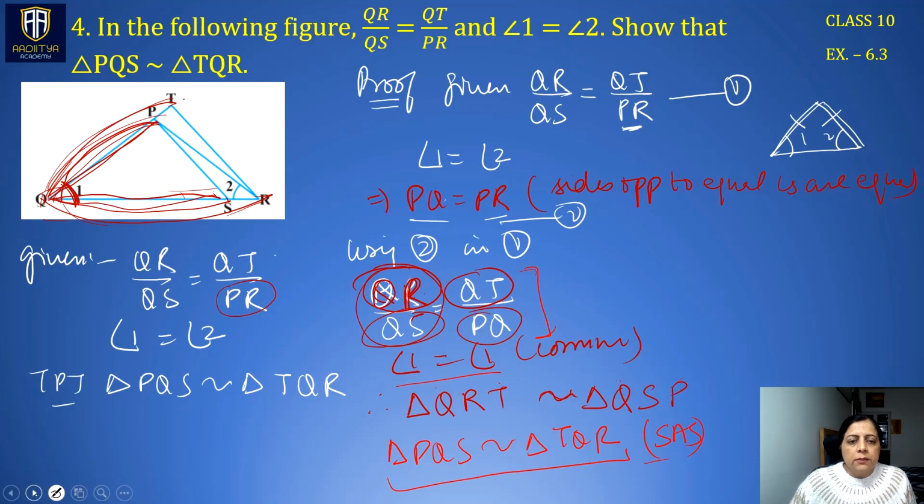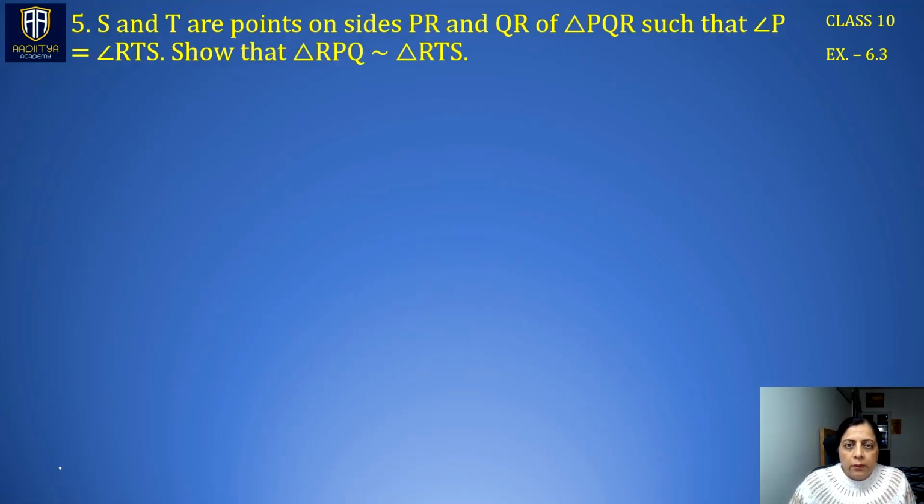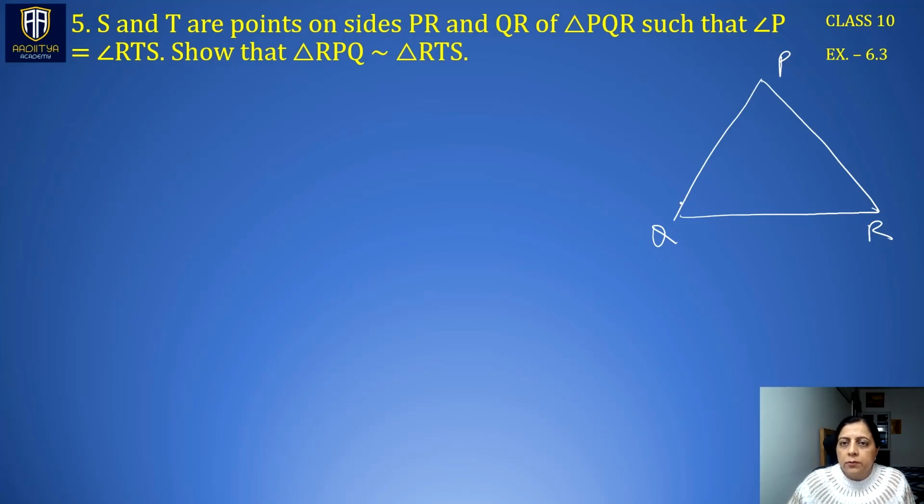So the next question is, S and T are the points on the sides PR and QR of triangle PQR. So we have to make the figure first. PQR. S and T are points on the sides PR and QR. PR, S is here, such that angle P is equal to angle RTS, and T is here.